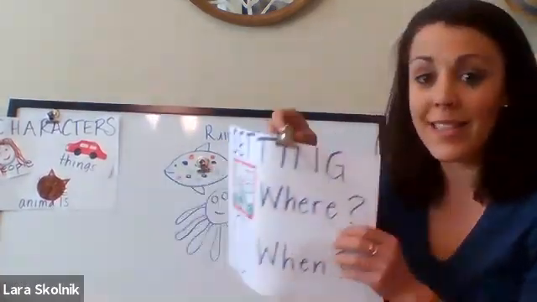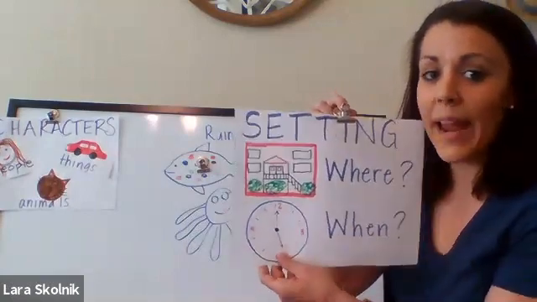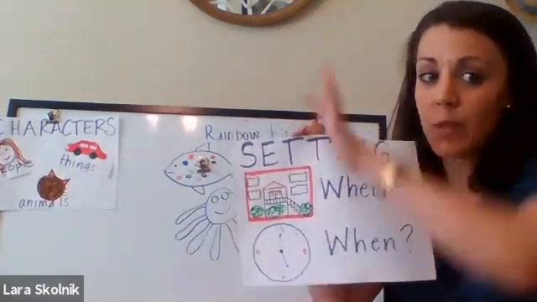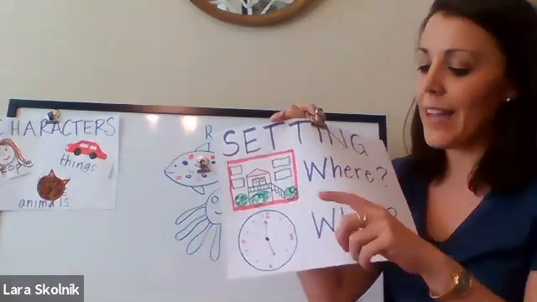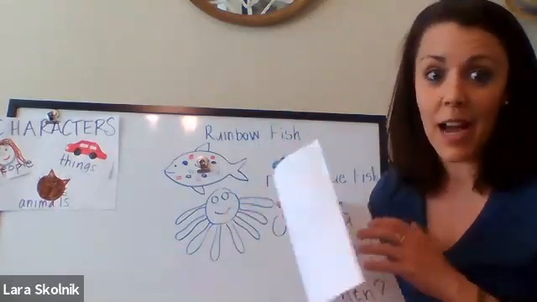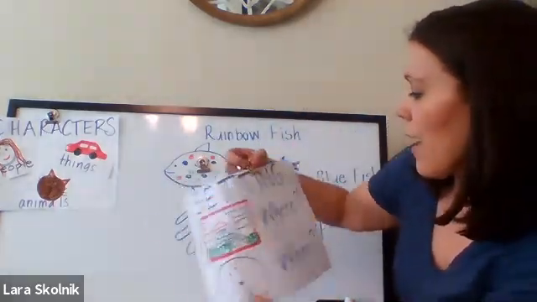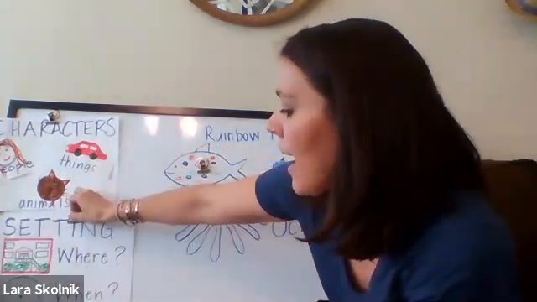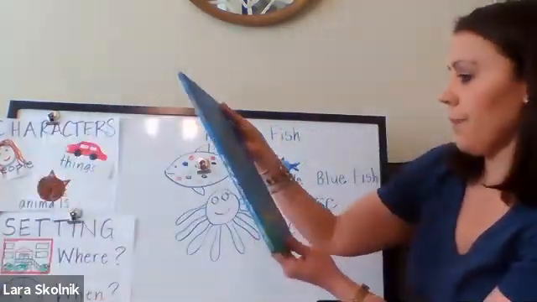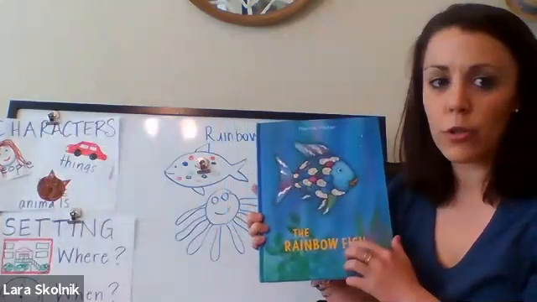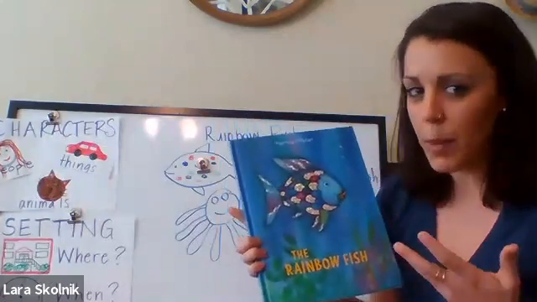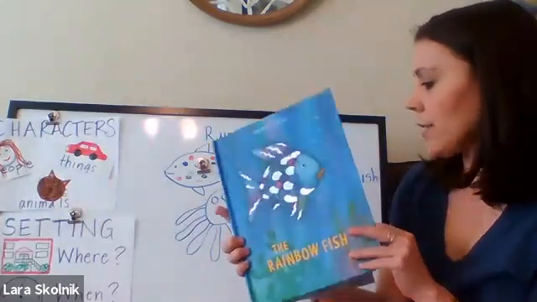Now remember, the setting is where and when the story takes place. Where and when, the time, right? So let's look at the book and we can use the picture clues and maybe some of the words from the book to figure out the setting.